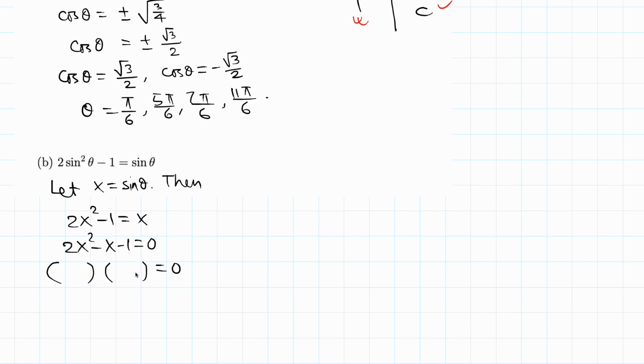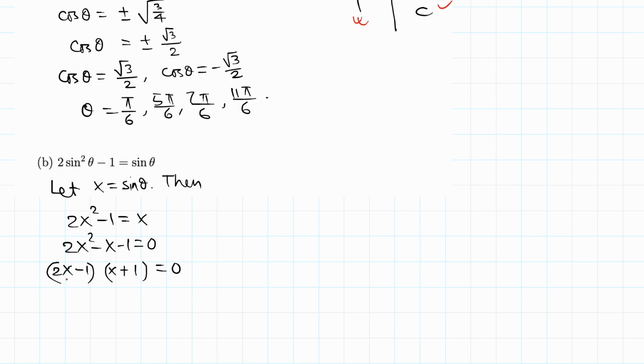There are several ways to factor this. Let me do it this way: 2x times x, 1 times 1. Now we need to get negative, so one will be positive, another negative. I don't know which is which, so let me put negative and positive here. If we FOIL, we have to get back 2x squared minus x minus 1.